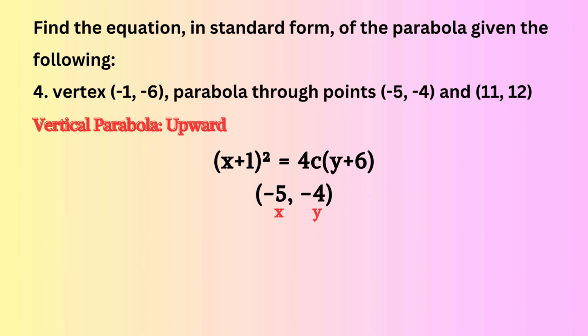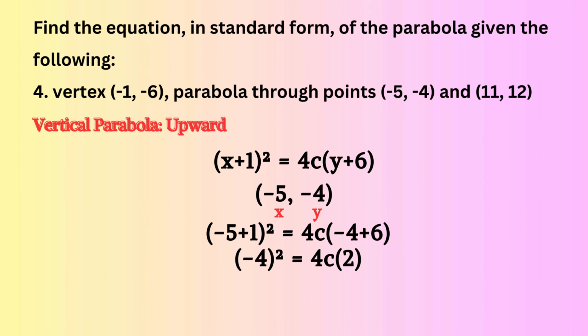In this case, we can use the point (-5, -4), where x is -5 and y is -4, and substitute them into our equation so that we will have (-5 + 1)² = 4c(-4 + 6). Simplifying the equation, we have (-4)² = 4c times 2, then (-4)² is 16, and 4 times c times 2 is 8c.